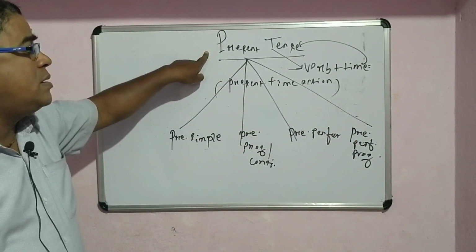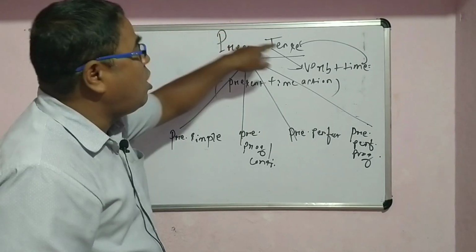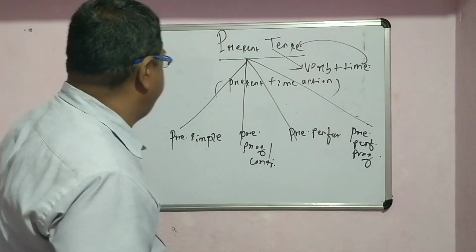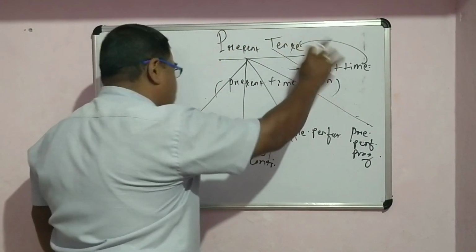But always remember, I am repeatedly telling you that tense comes from the verb related to time. That means tense is the most important or leading form of the verb.